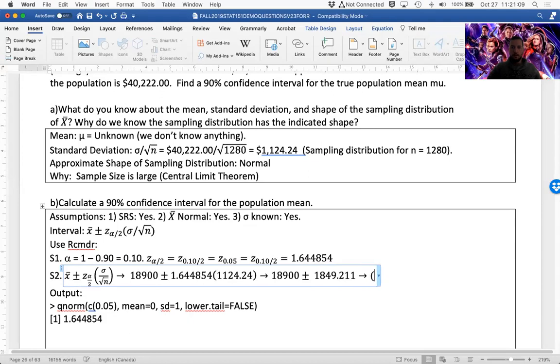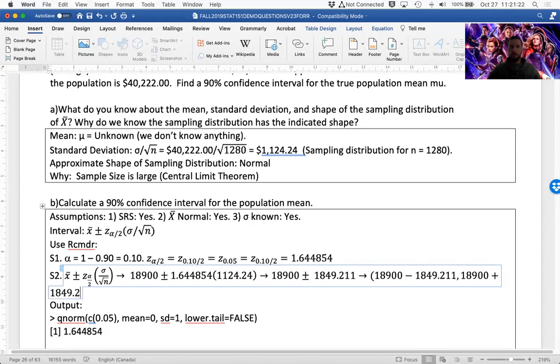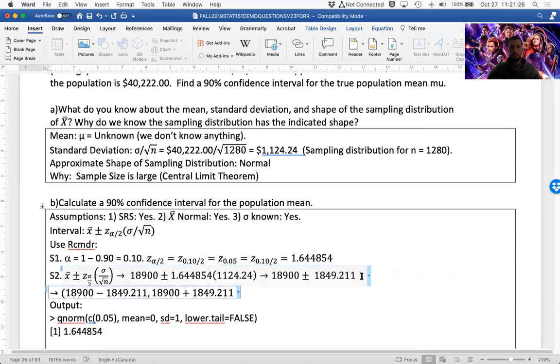All right, and then we're going to have 18,900 minus 1849.211 to 18,900 plus 1849.211. Okay.